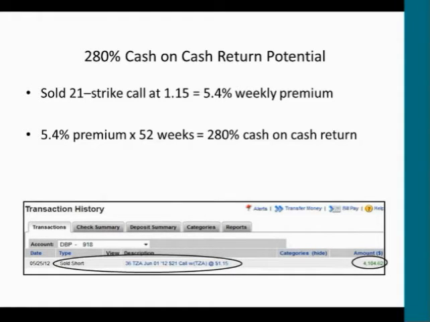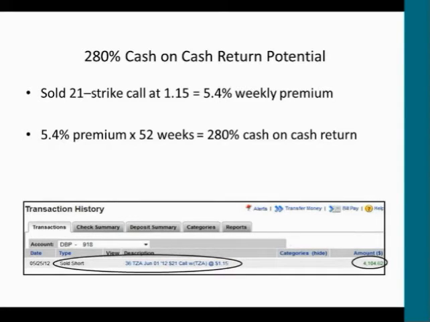Here's an example. This was selling a 21 strike call at $1.15, which equates to a weekly premium of 5.4%. So I'm collecting a 5.4% weekly premium on this ETF.